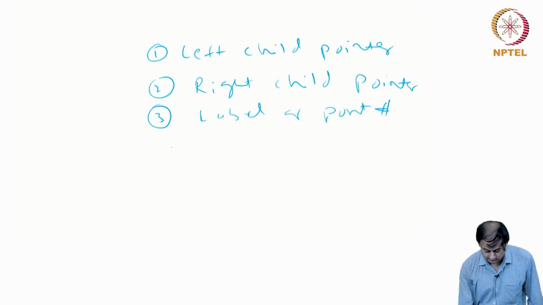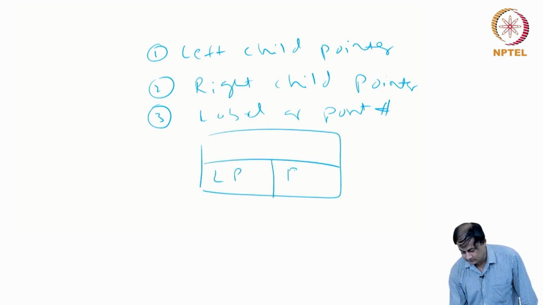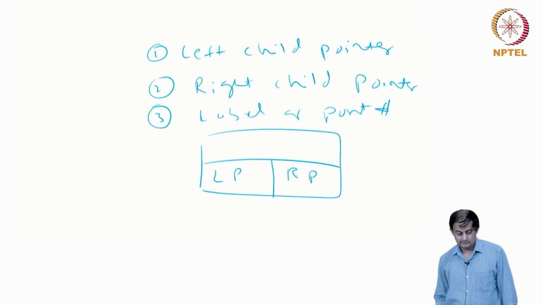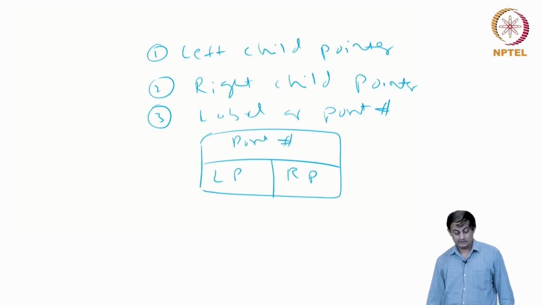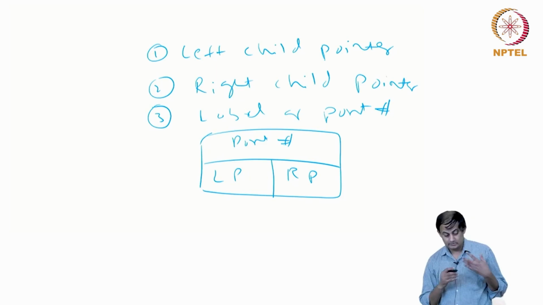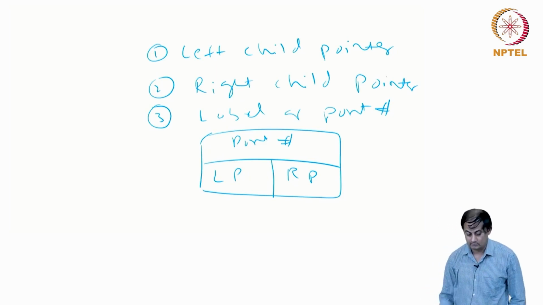So you can visualize something like this. I have two pointers, one is the left pointer, one is the right pointer, and the upper portion tells me the port number on which the packet needs to be forwarded, if it is a node with a particular label. It is not necessary that it always has one.